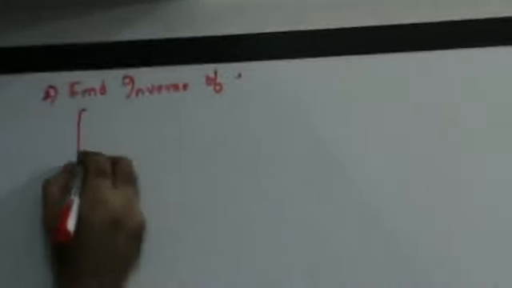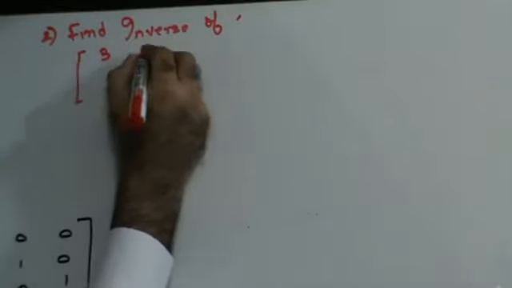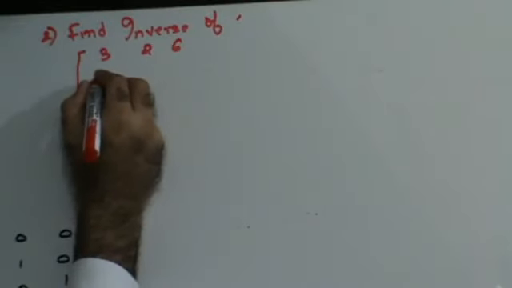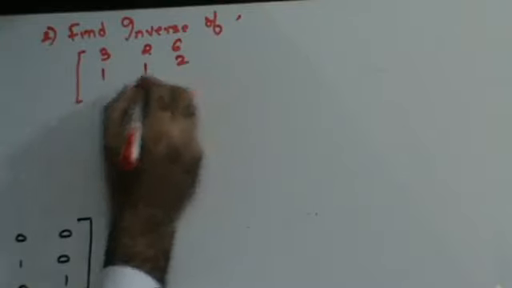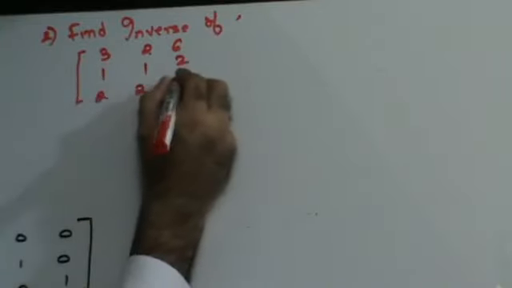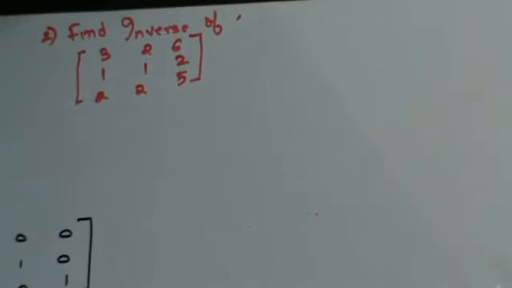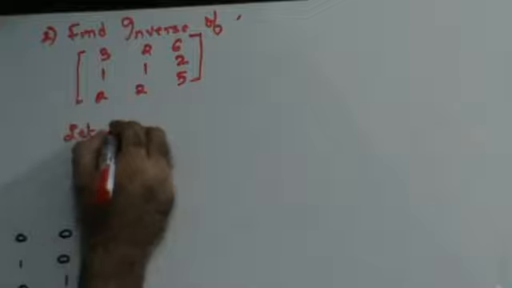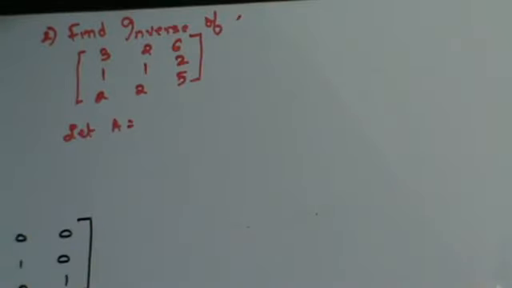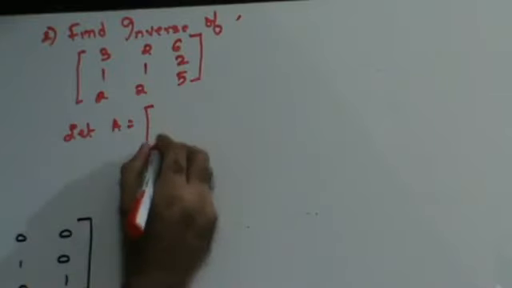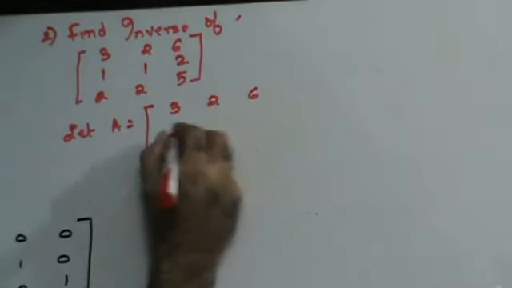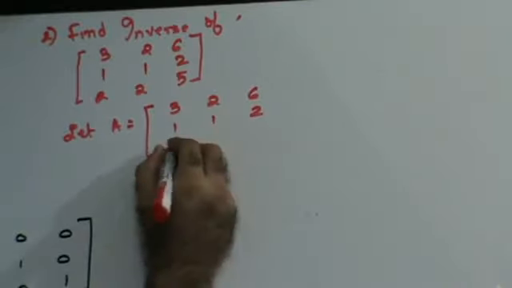Find the inverse of. And what does that arrow signify? That particular row or that particular column will change. In this case, that particular row will change. Find the inverse of this. Right? First of all, whatever the sum is, let us assume that to be A. So let us assume that A is equal to 326, 112, 225.